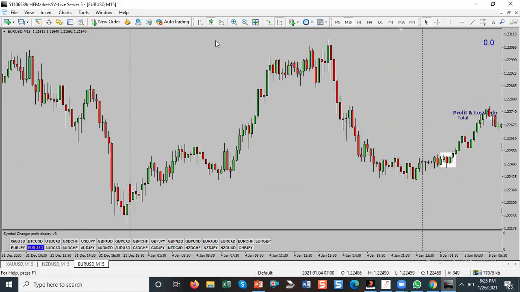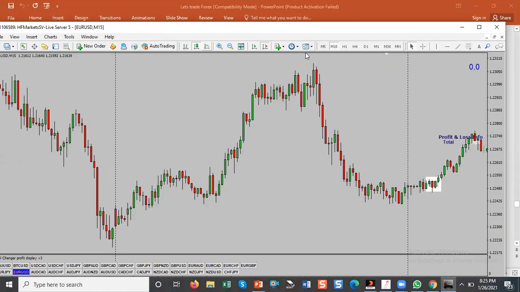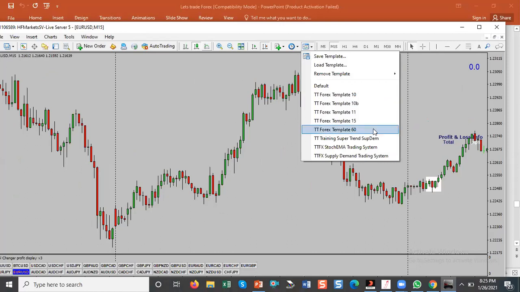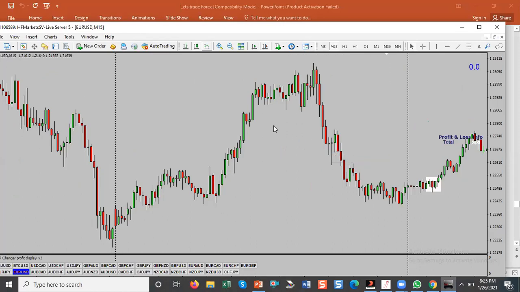But what I want to show us today is there is an indicator that you can use to identify supply and demand zone. I think I have one of them. Let me use this one.